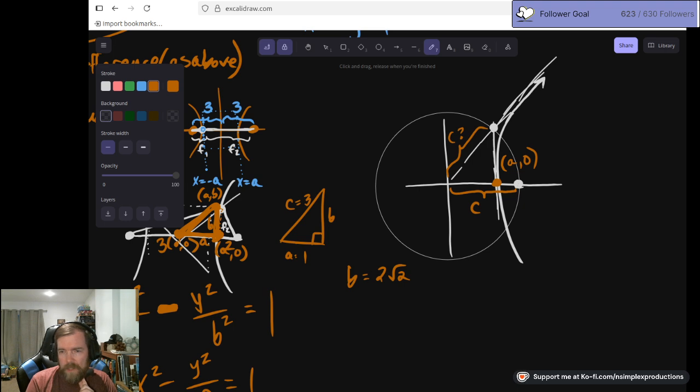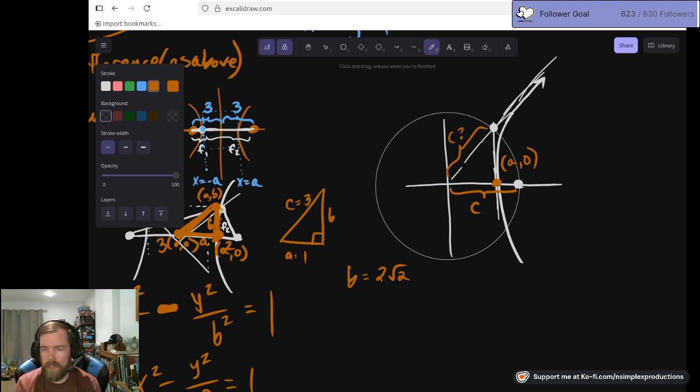Okay. So it's a distance of c from 0 to the focus, which is given. We defined that as the focal length c. And then we said that a is going to be the distance that we travel from the origin, 0, 0, out to a comma 0.